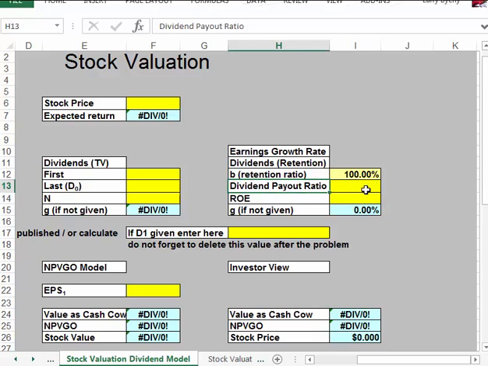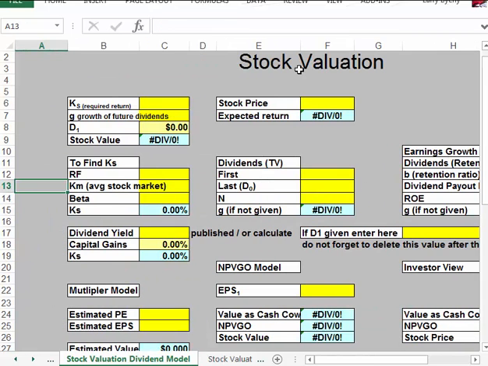So we're going to talk about this in several ways. Here's the basic of the model. You'll see this in a formula here in a second. We only need to know three things: the required return on the stock, the growth of future dividends, and next year's dividend. We're going to talk about how you calculate K sub S, or the required return. Again, in your textbook they might use R sub S, but R and K in the finance world mean the same thing.